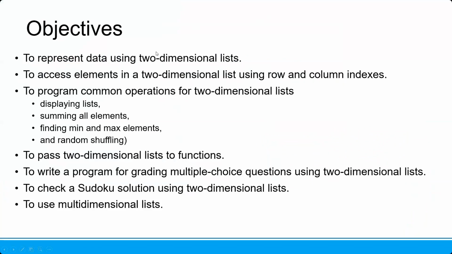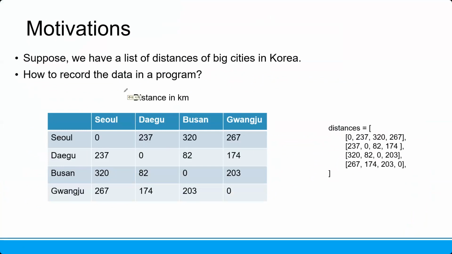For example, I want to know what is the distance from Seoul to Busan. Seoul to Busan is 320 kilometers. But how can I access this element? Okay, so we are going to learn this.